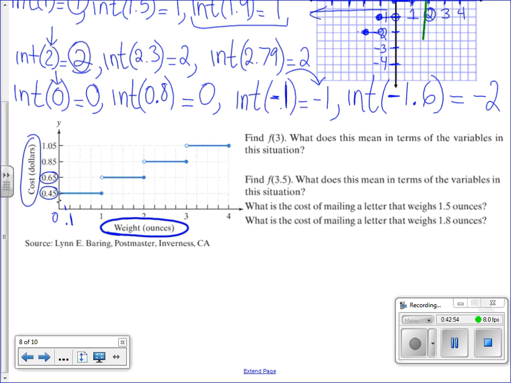So f of 3, what does that mean in terms of the variables? Your independent variable is a 3. So Jonathan, what does that mean? You weren't paying attention? Okay, well, let's think about it. The horizontal axis is the independent variable, and that's the weight in ounces of the letter. The vertical axis is the cost in dollars. So f of 3, that is my input, my independent variable, is a 3 there. So what do you think that means?